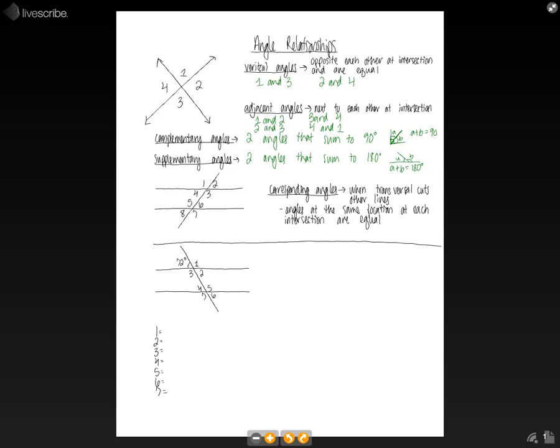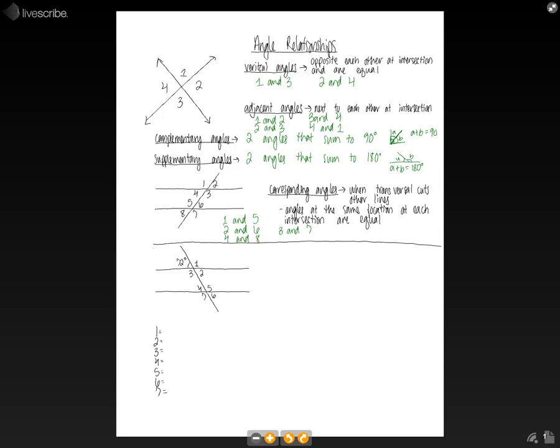So examples of these would be 1 and 5, because they're in the same spot at each intersection. And then we also have 2 and 6, and then 4 and 8, and finally 3 and 7. All of these are in the exact same location when we compare the top intersection to the bottom intersection.